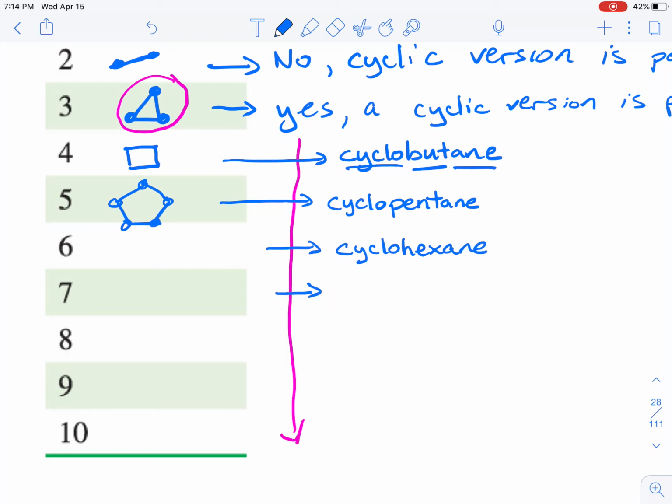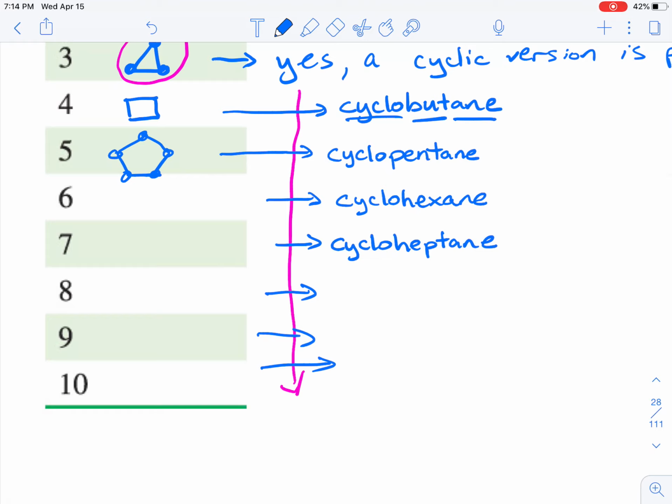What do you think the name of the rings are for 7, 8, 9, 10? Okay. And so for number 7, it's going to be cycloheptane. For number 8, it's going to be cyclooctane.